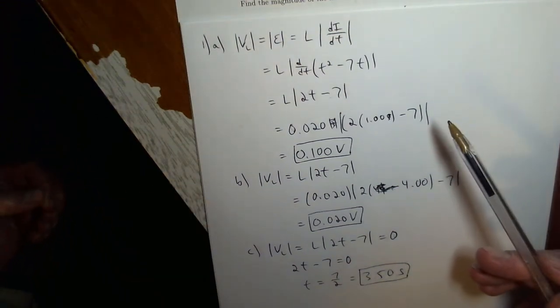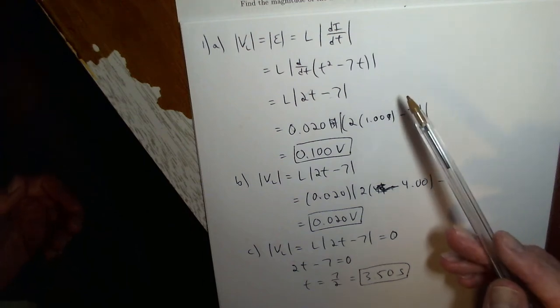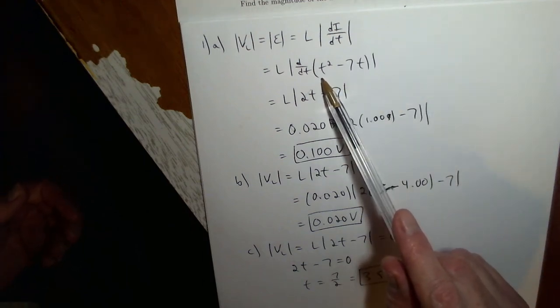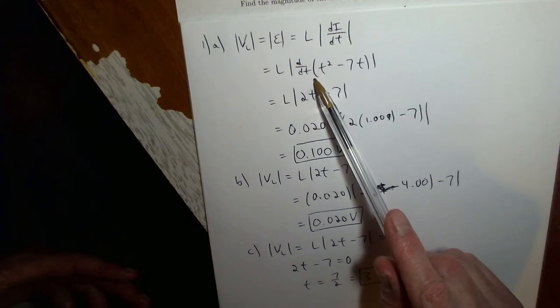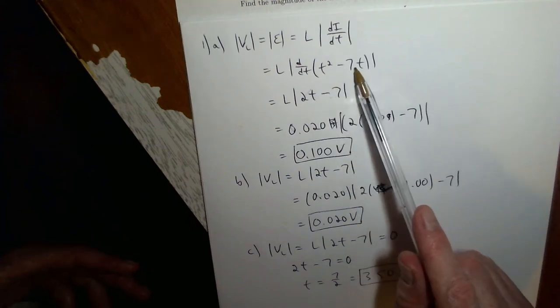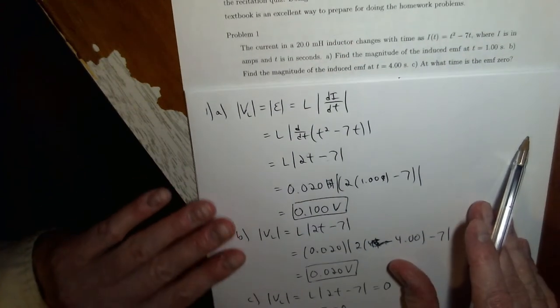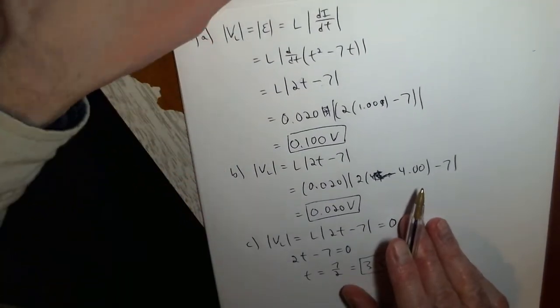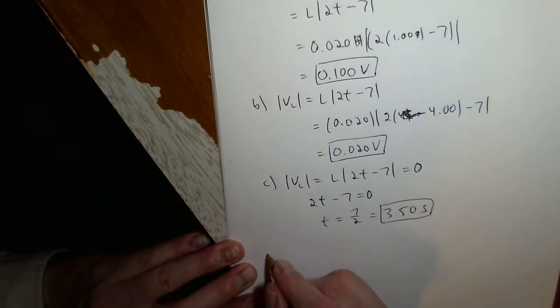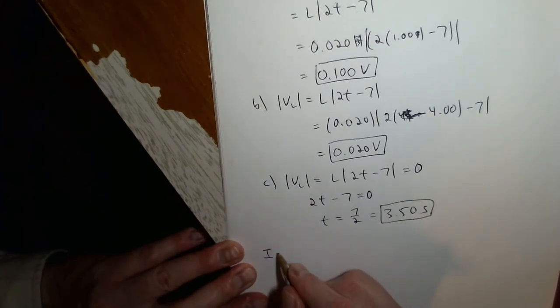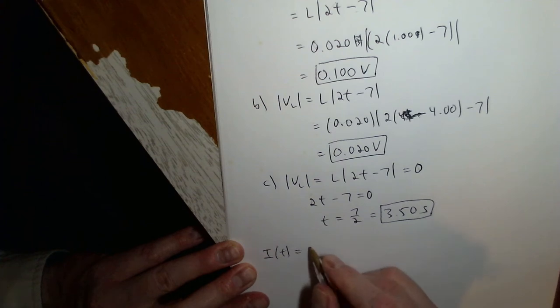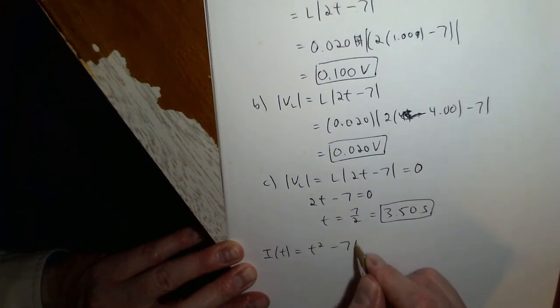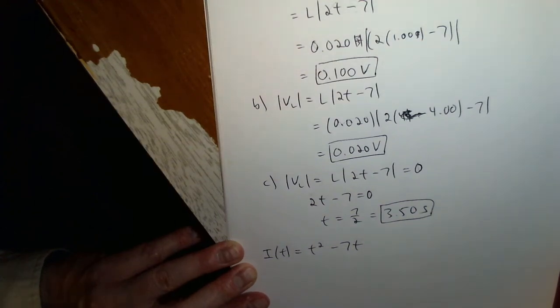The one thing that might be troubling is that we didn't write the units for these quantities. So remember the current, let me just show how this works. The current was written as t squared minus 7t. There are actually units that go with that, right?